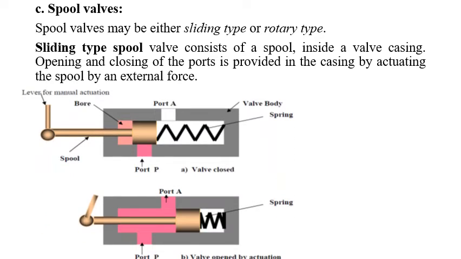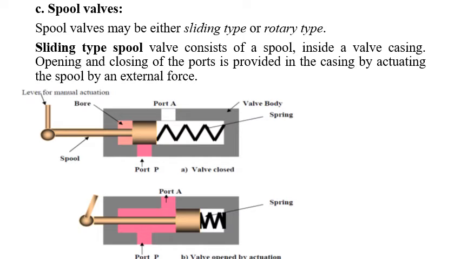Look at this. This is the construction of a sliding spool valve. It is the simplest type of sliding spool valve, and this spool type comes under direction control valves. Its working is like a check valve. It is a two-way valve because it contains two ports.